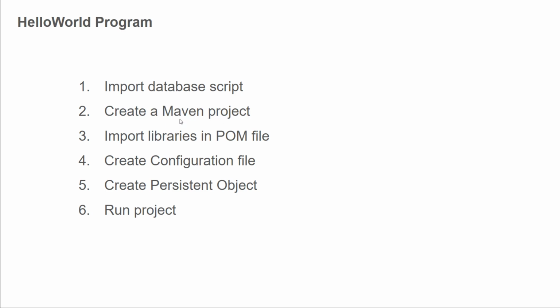Inside the Maven project, we will import some libraries in the POM file, and then we will create a configuration file for the Hibernate configuration, and then we will do some code like creating the persistent object for mapping with the database, and we code something to get the database, and then we will show it on the console.